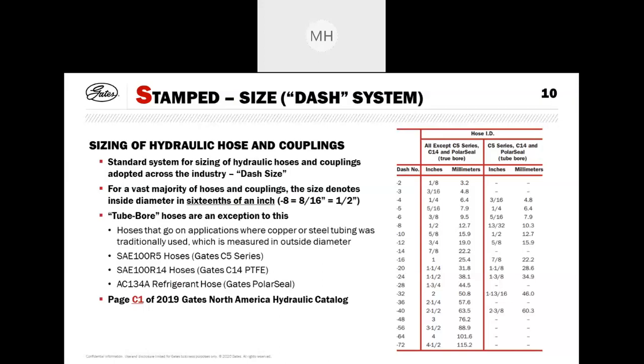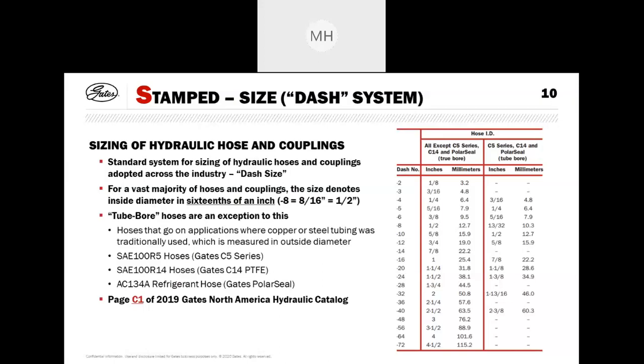We also have true bore hoses. Now, these are hoses which are generally in applications where copper or steel tube was originally used, and some automotive applications very much use what we consider a true bore hose. So these come under the SAE 100R5, which is the Gates C5 series, the SAE 100R14, which is the Gates C14 hose, which is the PTFE style of hose, generally found on compressors coming off trucks, hot environments and that sort of thing.